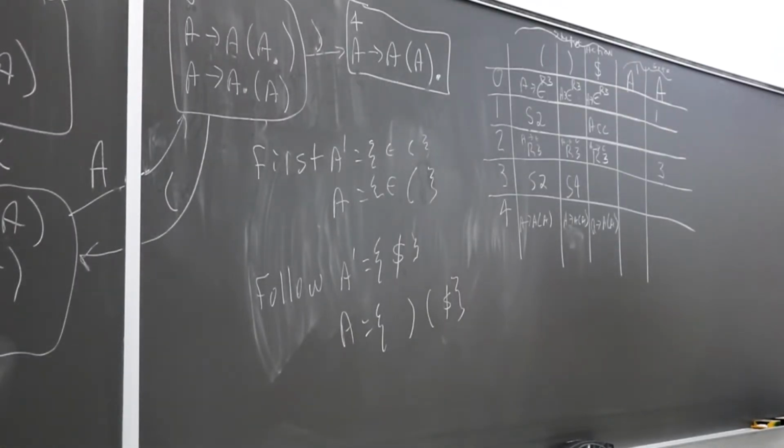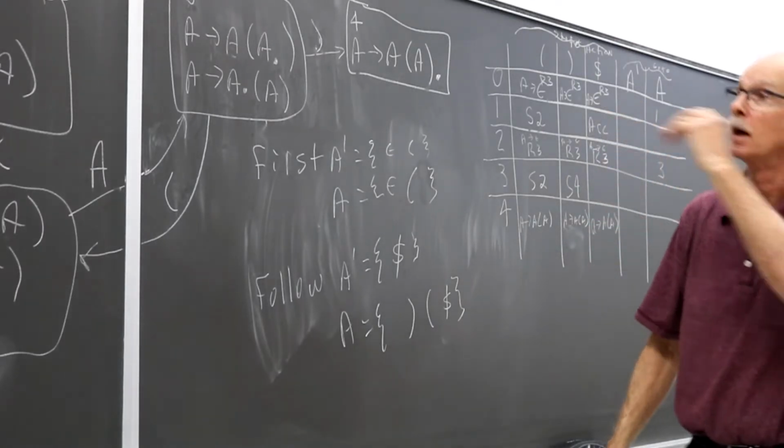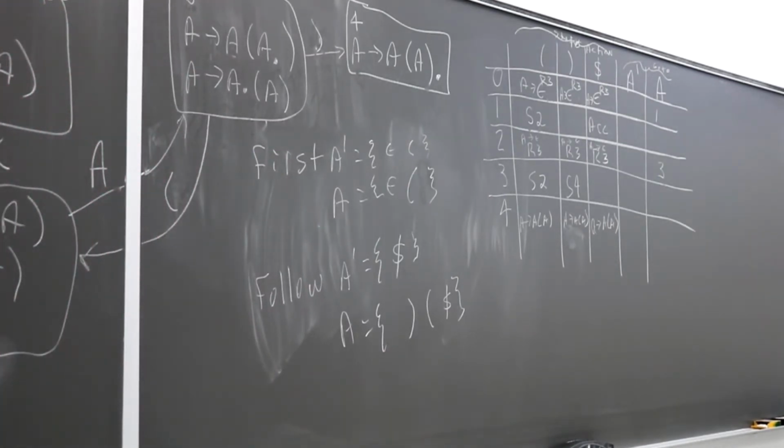All right, we have built the table. Stephen? Can you explain how you got the accept under the $ sign column? Well, right here, the period is at the end of the A. That would normally imply a reduce.